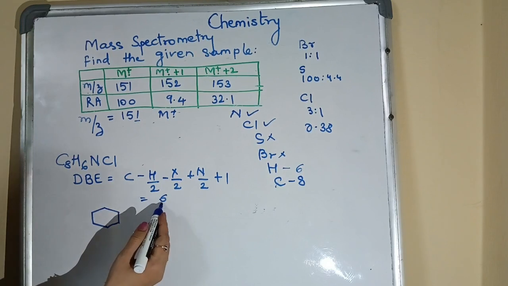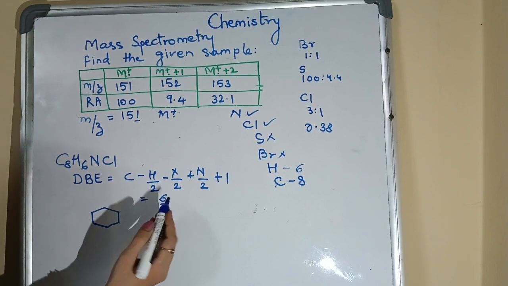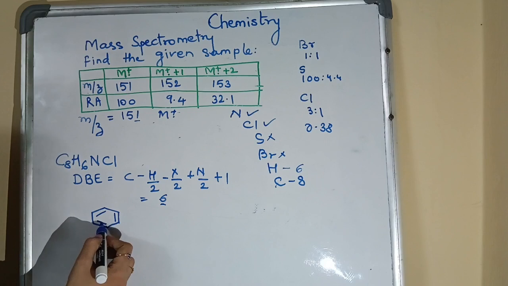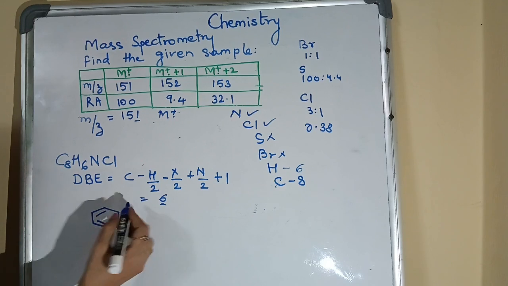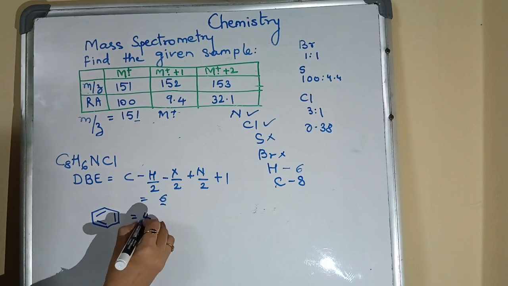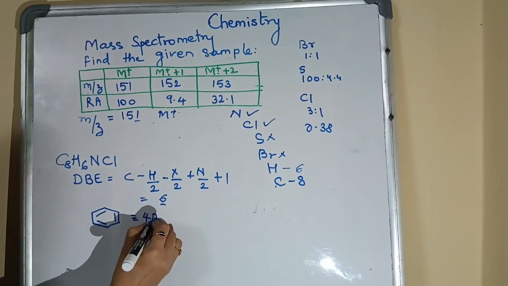Now it is 6 double bonds we are saying. Here when we draw it, it is 3 double bonds. We say that it is having 3 double bonds in benzene, but when we draw the whole structure of benzene, it is equivalent to 4 DBEs.